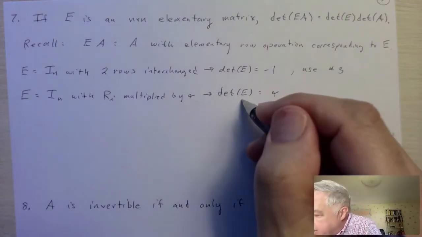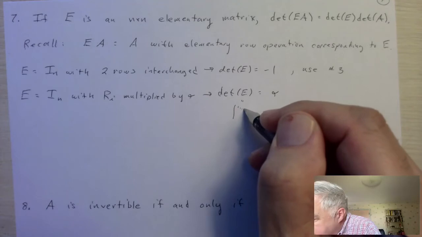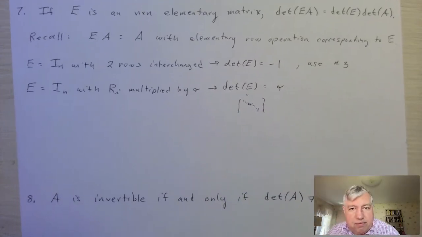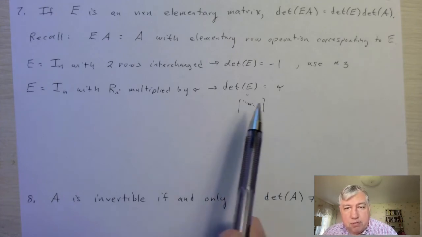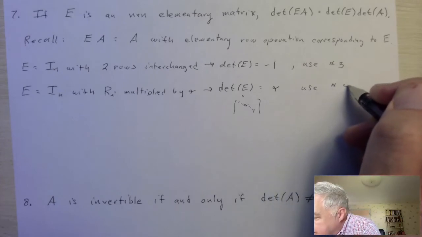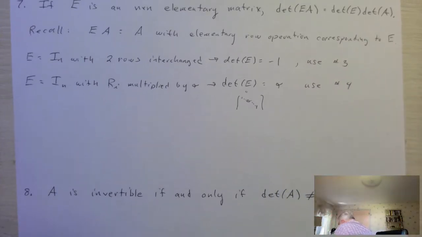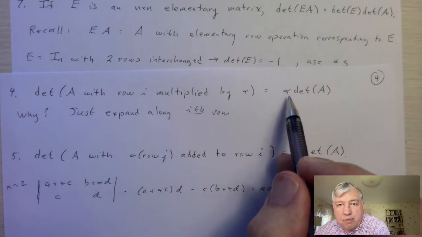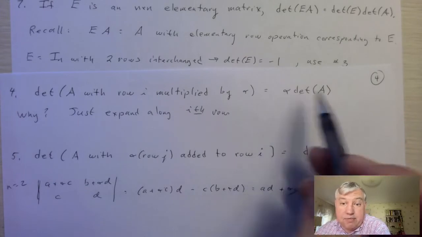Because remember, E in this case will be just like 1s everywhere on the diagonal, except for alpha, and then 0s everywhere else. Okay, but the determinant of E is alpha, so in this case we use number 4, and that is right here. So this alpha is kind of like the determinant of E.